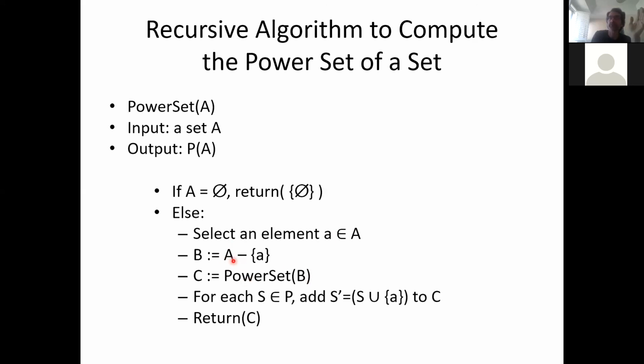Because if you divide subsets of A into two classes: first class, all those subsets that do not contain the little a. Those subsets are in fact already here, because subsets of capital A that do not include the little a are subsets of B, and therefore they're in here. So what are the missing subsets?